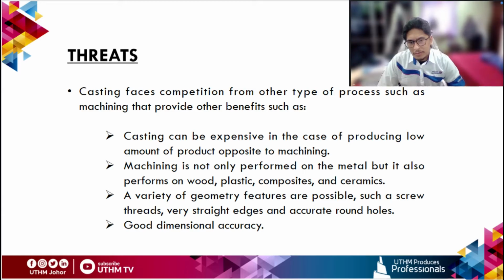Machining also has a variety of geometry features, such as screw threads, very straight edges, and accurate round holes. Machining also provides good dimensional accuracy, and it can produce a low amount of product without any effect on the price. So that is the threat for casting.